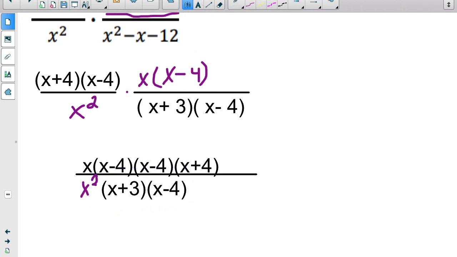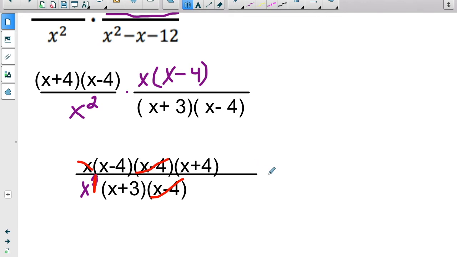Okay, now that everything's simplified and we've got it all multiplied together, we can see what's similar on top and bottom. Well, the x minus 4 and x minus 4 would cancel. And this x is going to simplify out with one of these x's. And that's everything that's in common on top and bottom.